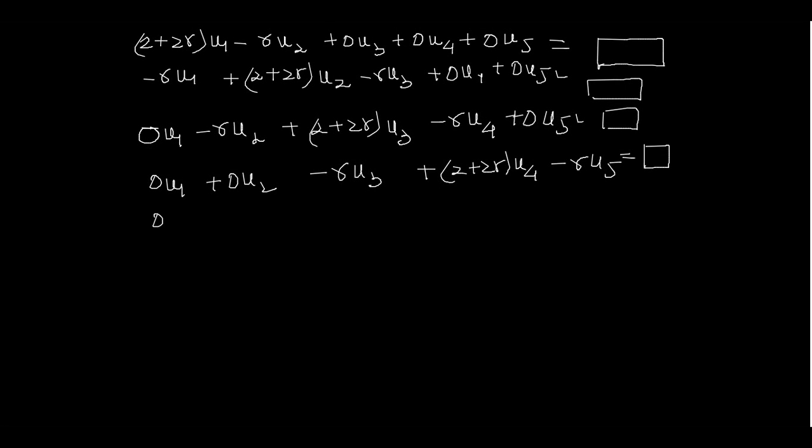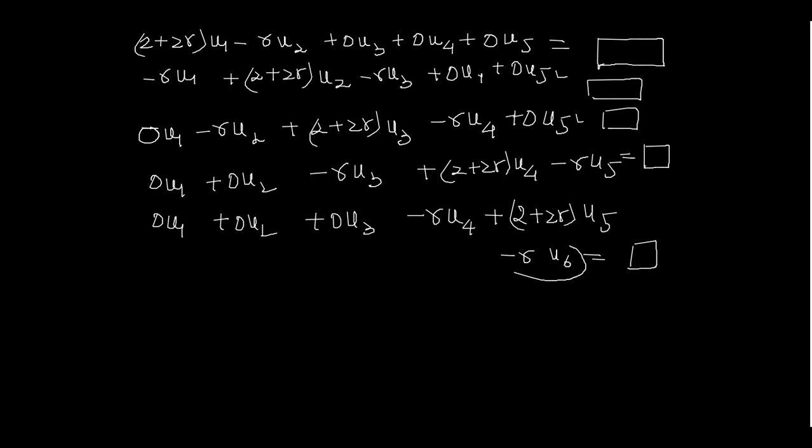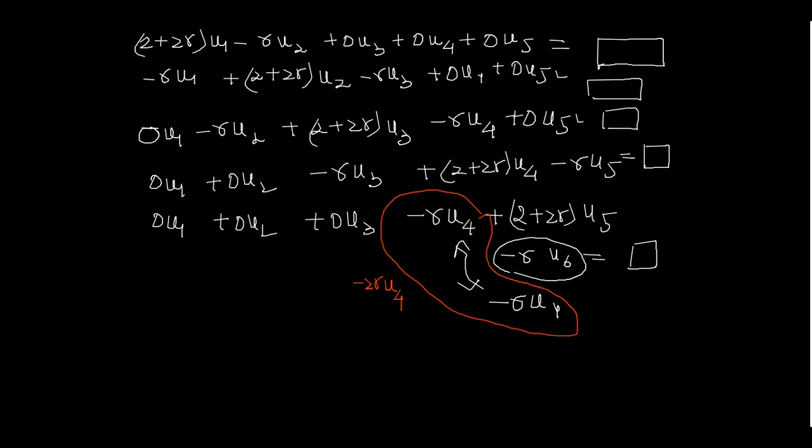And again 0 u1 plus 0 u2 plus 0 u3 minus r u4 plus (2 plus 2r) u5 minus r u6 equals something. But as we have explained, u6 is nothing but u4, so this will make it minus 2r u4.